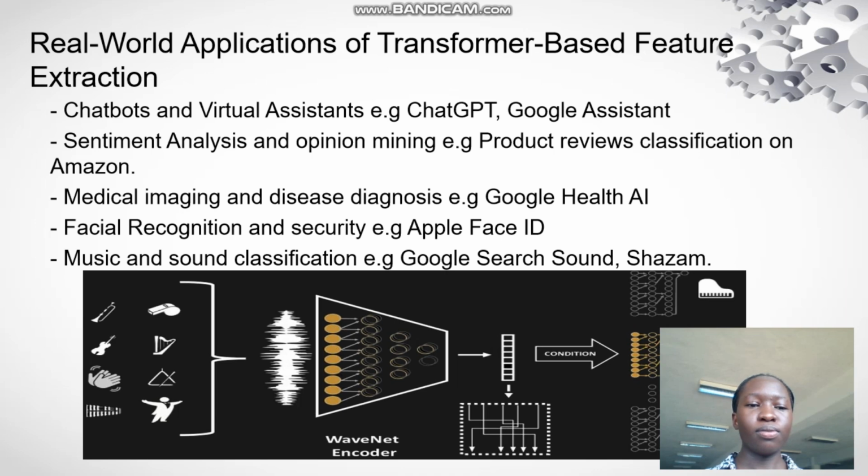Then for the case of using images, you see that these models are used in medical imaging and disease diagnosis, since we have seen that they analyze each and every piece of a given image. Analyzing, they determine relationships from these different pieces of information on the image that's been given, and then come up with a conclusion.